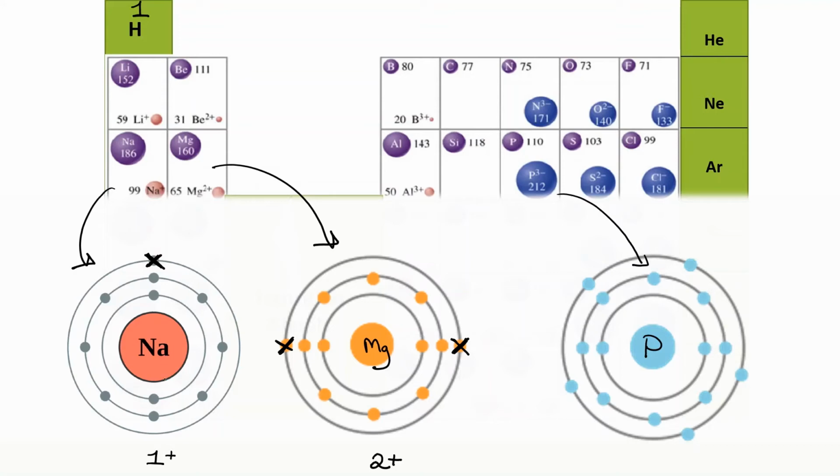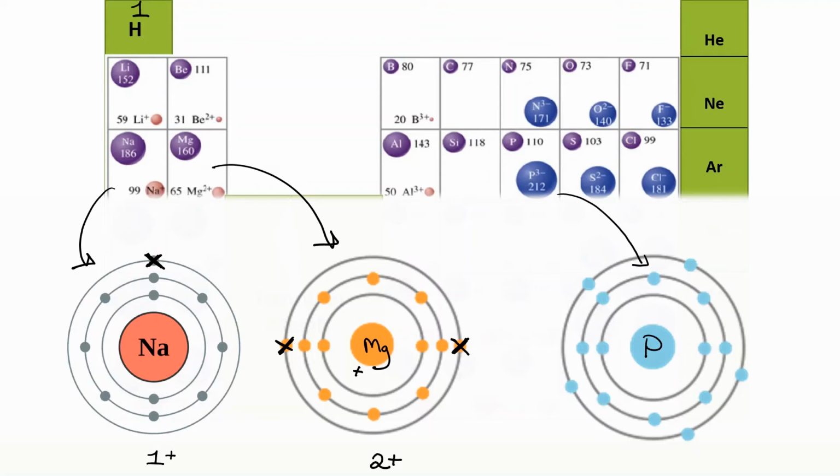You'll notice that between a 1+ sodium ion and a magnesium 2+ ion, there's actually no difference except for one. Magnesium has 1 more proton than sodium does. That's the only difference.